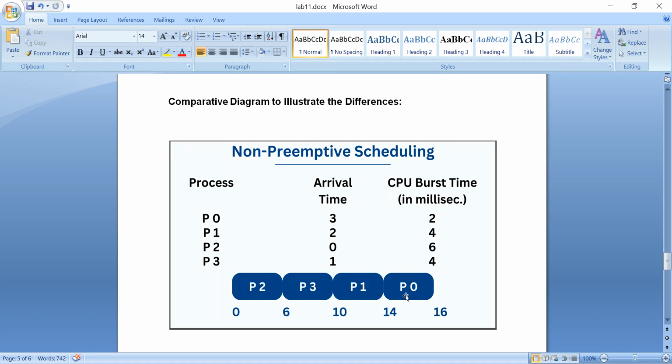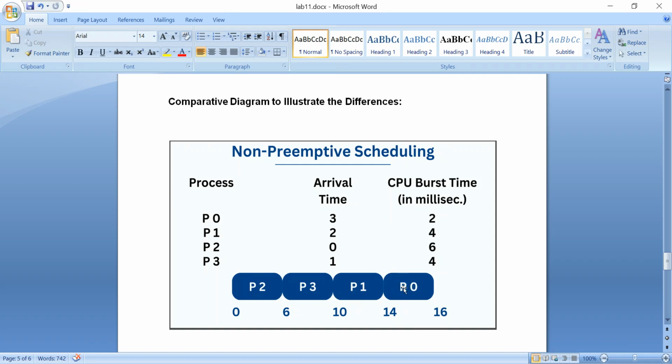As you see, P0 arrives at 3 seconds, and it will take only 2 seconds to finish its task. So the process arrives at 3 seconds and takes 2 seconds, so in total it should be 6 seconds, but the total turnaround time is 16 seconds.